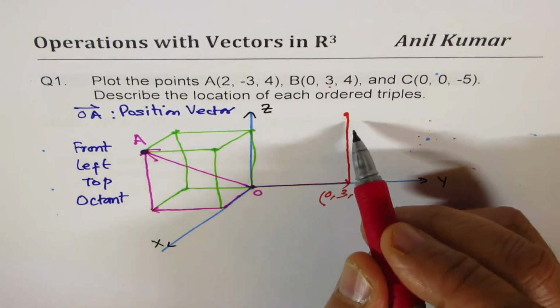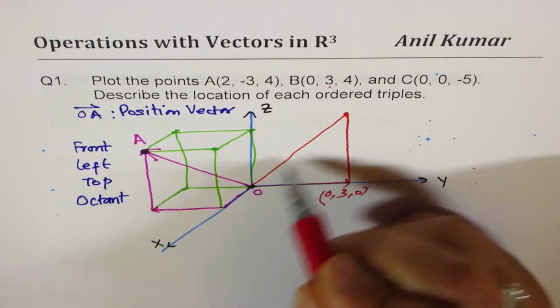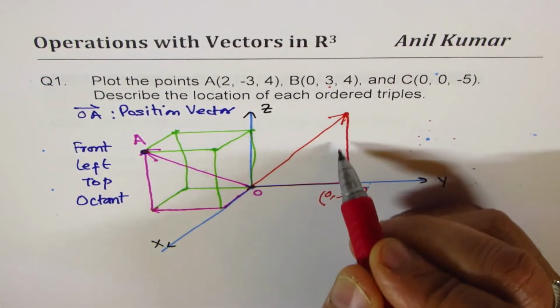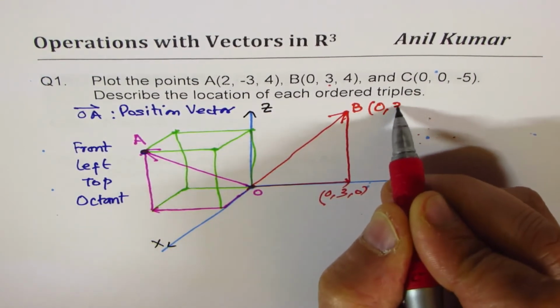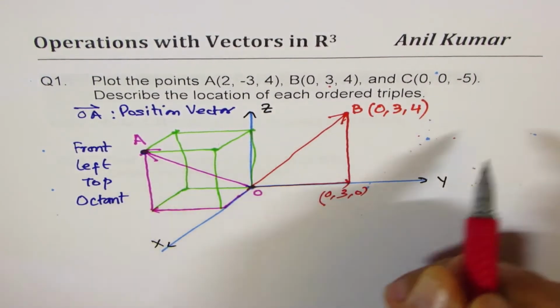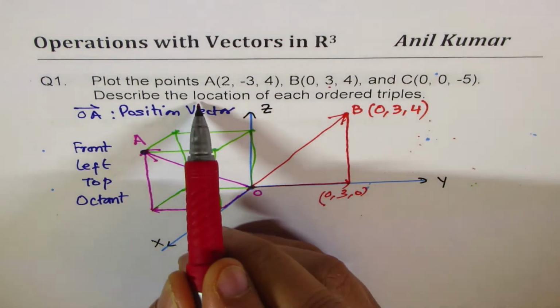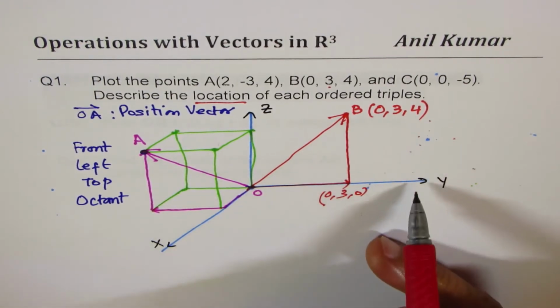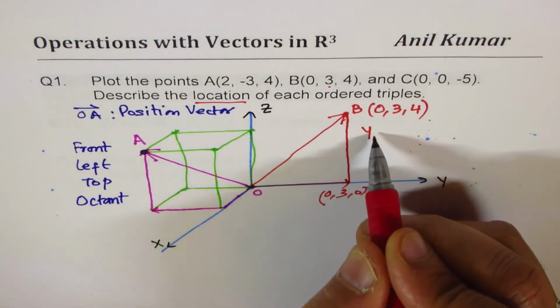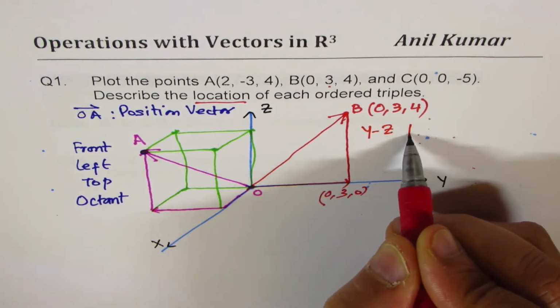Let's say this point. I'm not making the boxes now. I hope that is very clear. So this is point B, which is (0, 3, 4). Now can you describe the location of this particular point? As you can see, this point is in the YZ plane.